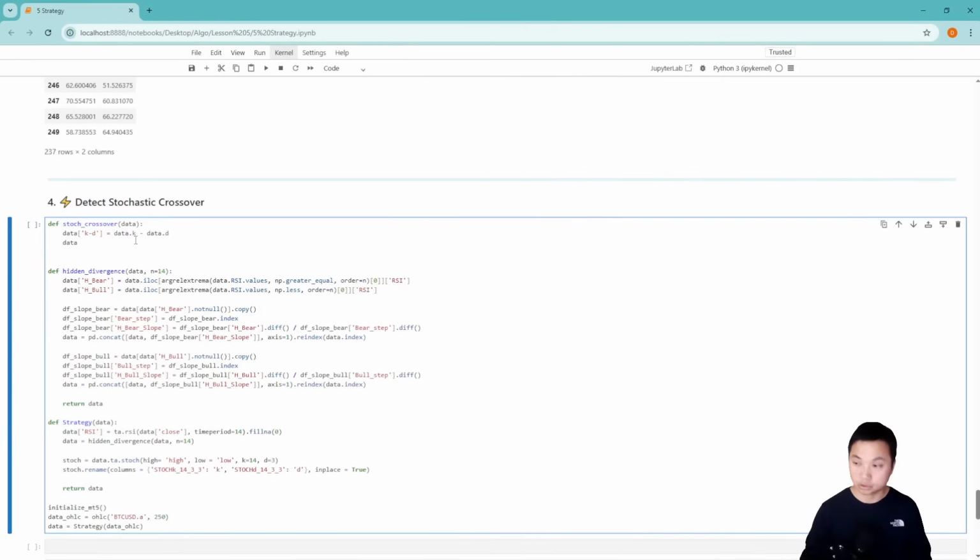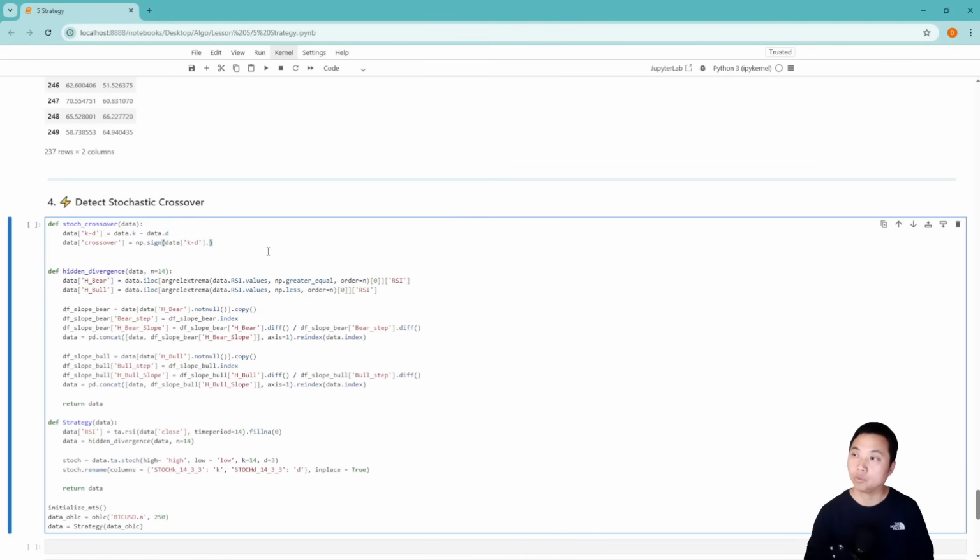And then, of course, we would like to detect the crossover. We define a column and use the numpy sign function to turn the K minus D values, the values in this column here, into either a +1 or a -1.